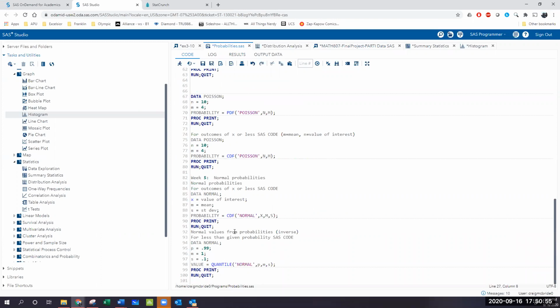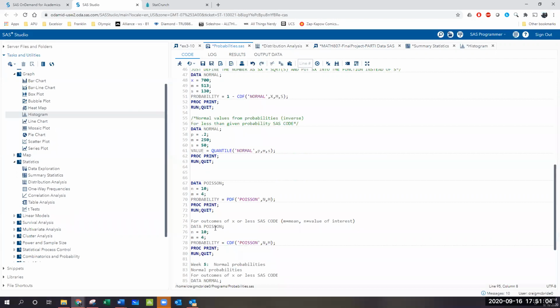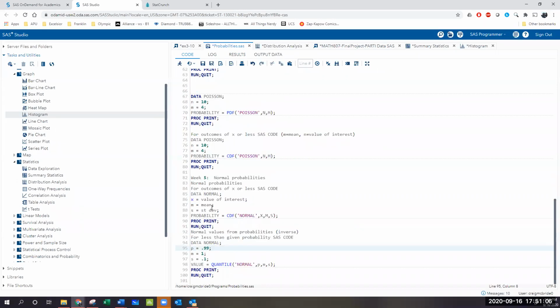This says normal values from probabilities, inverse for less than our given probability. So we want this to be 0.01. We have our mean is 0 and our standard deviation is 1.